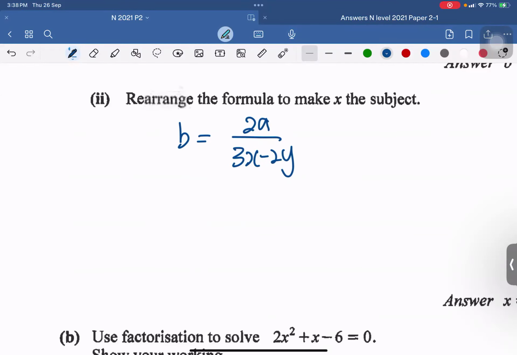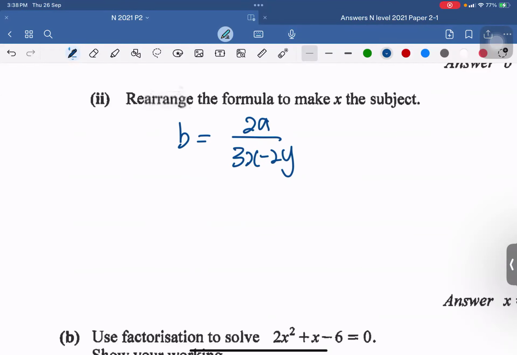Cross multiply. When you cross multiply, the equal sign stays in the center. This is b times 3x minus 2y, that is 2a. We expand this. This will be 3bx minus 2by. This part still okay, correct?